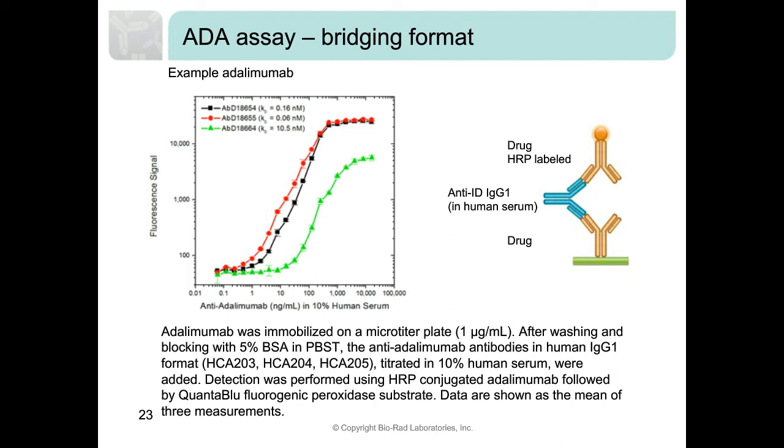As expected, the titration curves correlate with the affinity of the antibodies. The 160 picomolar anti-idiotypic antibody ABD 18654 shows the highest sensitivity, and ABD 18664 with 100-fold lower affinity clearly is least sensitive.